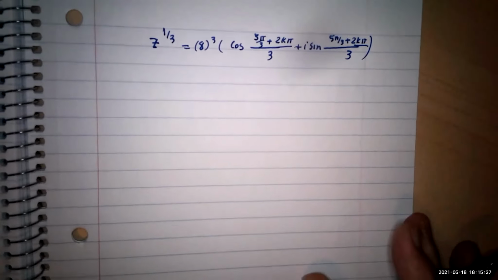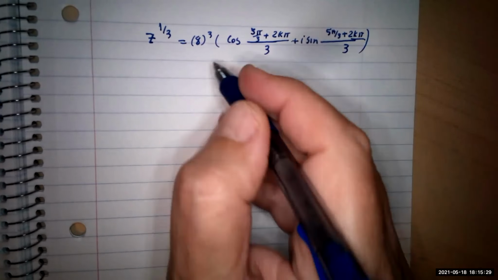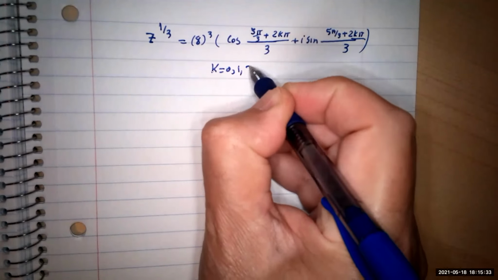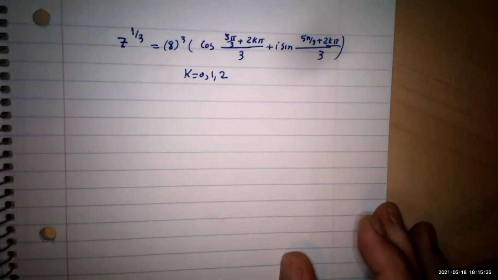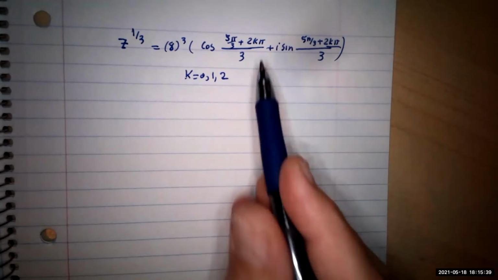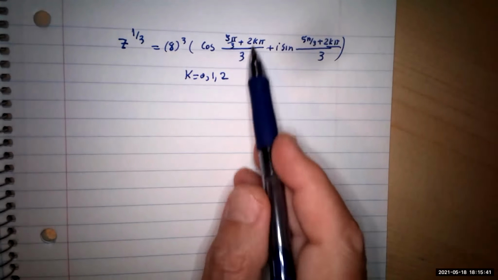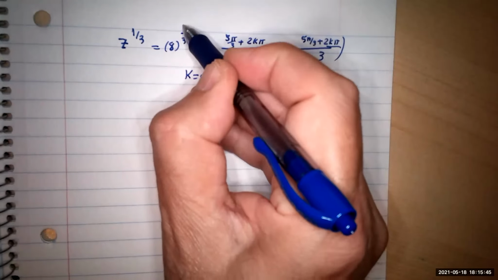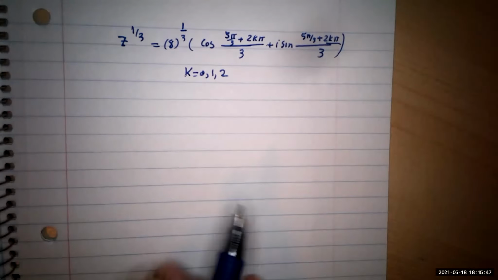You've been asked to leave the solution in the polar form, but you have to simplify it. This is where k is equal to 0, 1, and 2 to get your 3 solutions. You can simplify it a little bit. You can get rid of these 3s by multiplying the top and the bottom by 3. And 8 to the 1/3 is equal to 2.